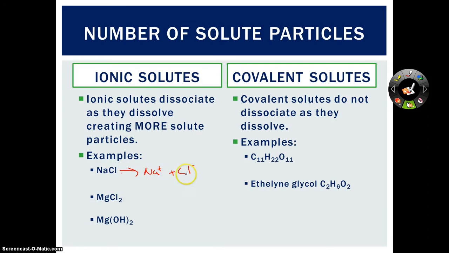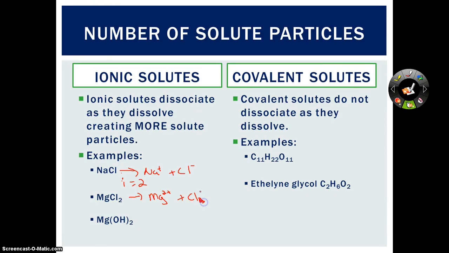That means I have 2 ions, i equals 2. When magnesium chloride dissolves in water, it also breaks into its parts. I have magnesium and I have chlorine.